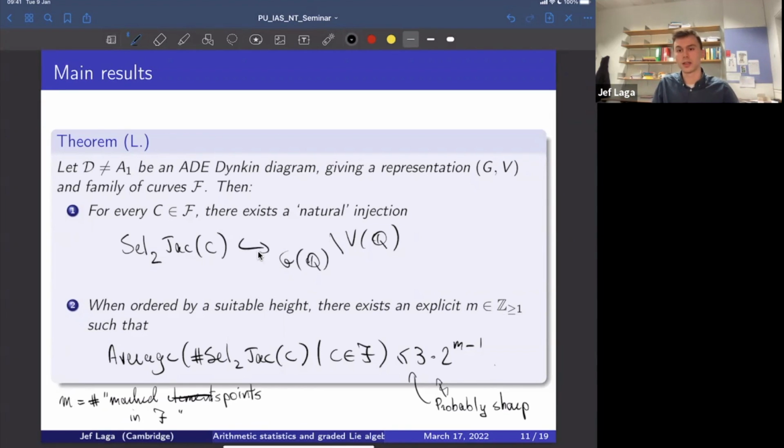For example, in the A3 case, this is essentially the family of all elliptic curves with another marked point, so then m is 2. And the D4 case would be all elliptic curves with 2 marked points. Using that remark, one can see that if this were an equality, this quantity 3 times 2 to the m minus 1 is consistent with existing heuristics, for example those of Poonen and Rains, because this would account for the trivial subgroup generated by differences of the marked points in the two-Selmer group.